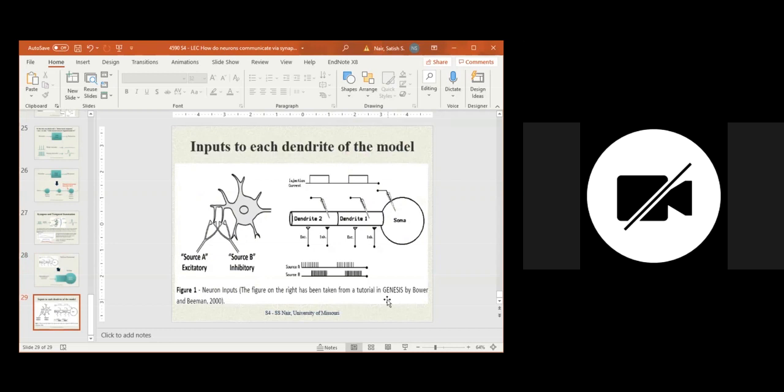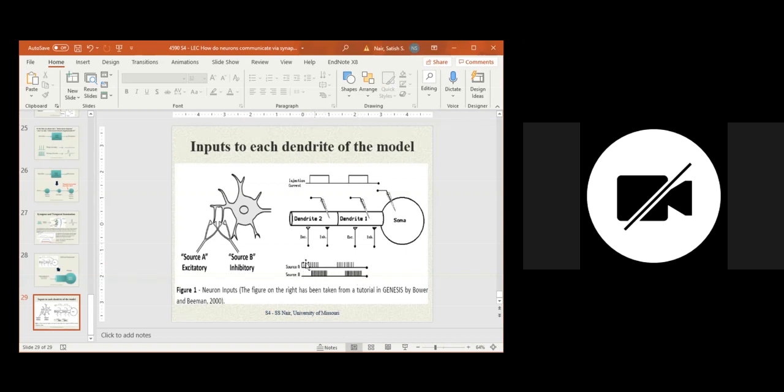And in the lab, you will have a source A and a source B for excitatory input. You don't need this current injection input, so don't worry about that. So you'll have a source A, which is excitatory, and source B that is inhibitory.